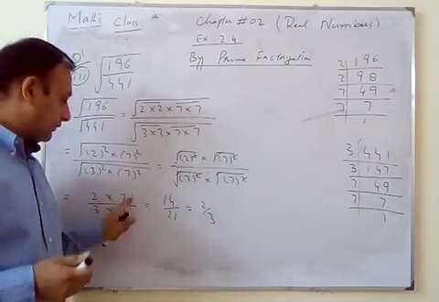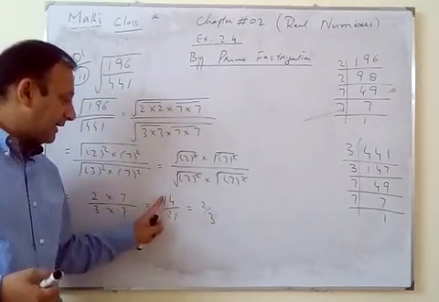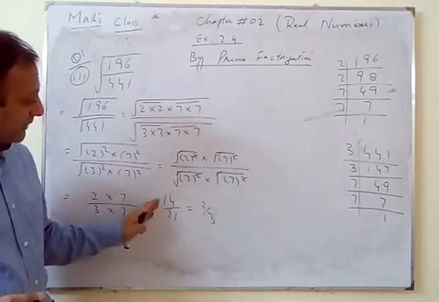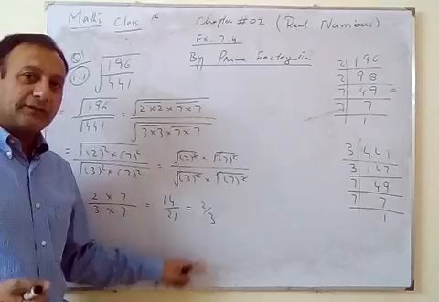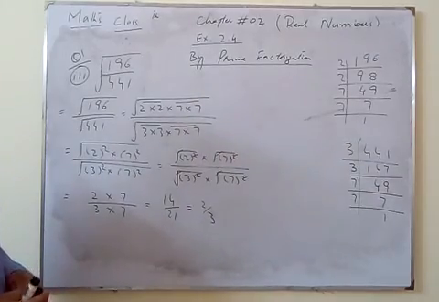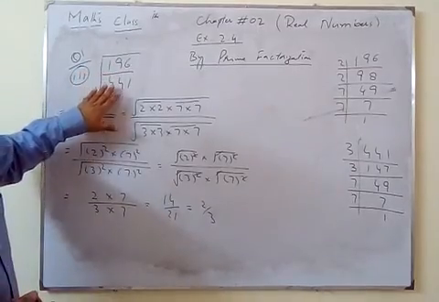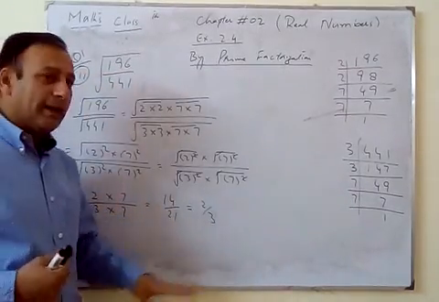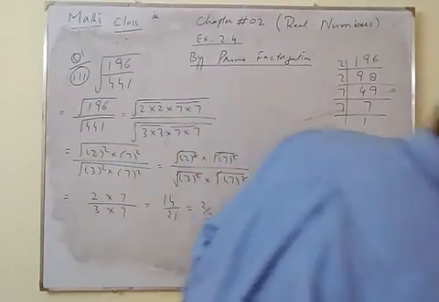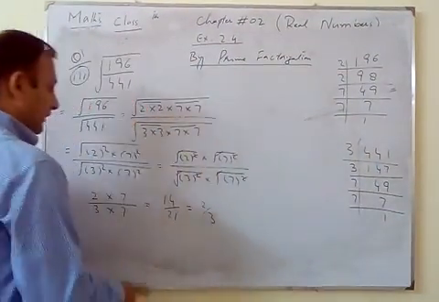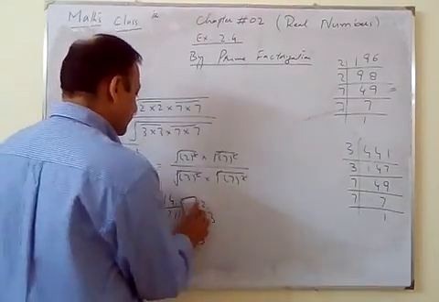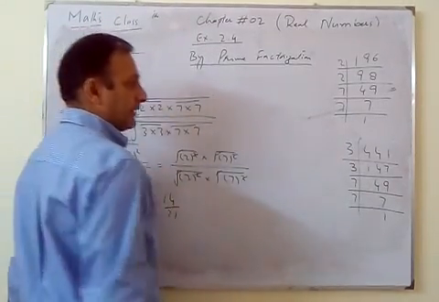If you multiply and write 14 and 21, this is also an answer. And if you cancel here and write this answer, even then it is okay, no problem at all. So square root of 196 by 441 is 2 by 3. The answer is 2 by 3. Otherwise 14 by 21 is also the correct answer. So if you want to write this one, that is also correct.